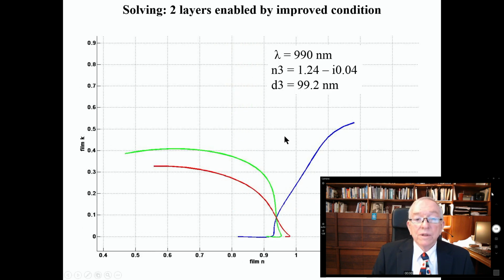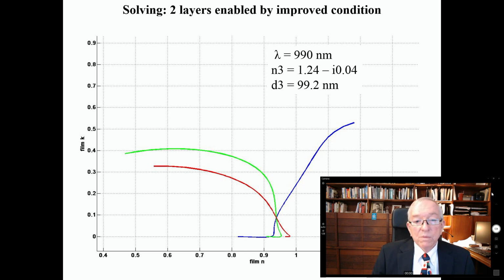So if we now model the film as 2 layers rather than 1, we find a lower layer that has a value of 99.2. Remember, the overall was 401.5. Now we have 99.2 nanometers attributed to a second layer.